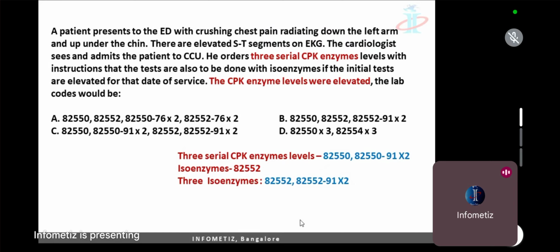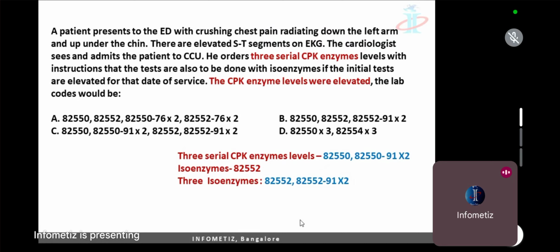Up under the chin, so from here it is going. There is an elevated ST segment on an EKG. The cardiologist sees and admits the patient to the CCU. He ordered 3 serial CPK enzyme levels with instruction that the test is also to be done with the isoenzyme, if the initial tests are elevated for the date of service.